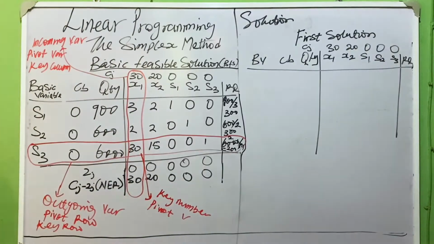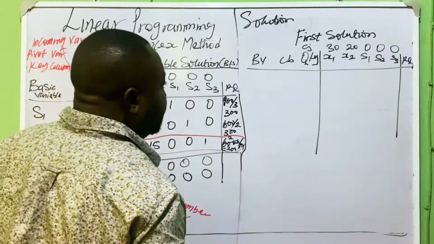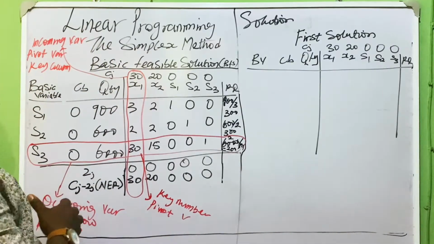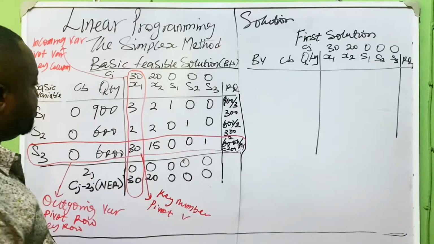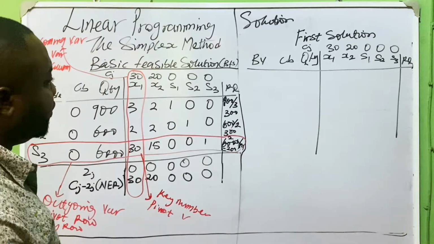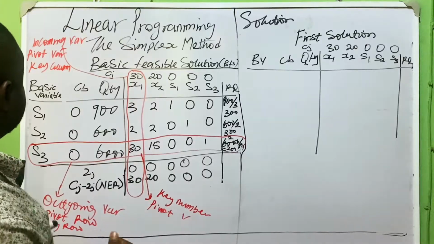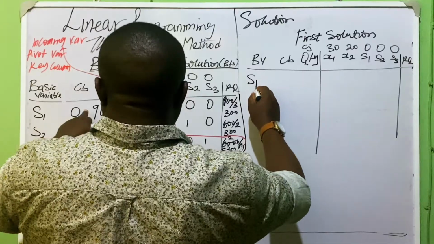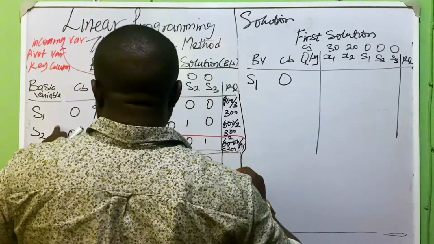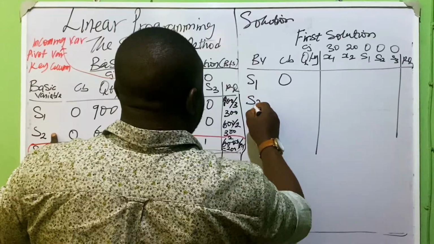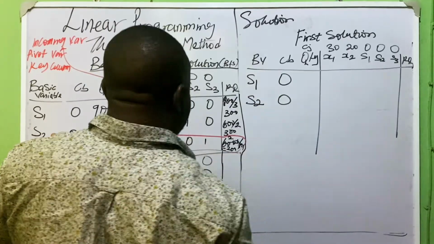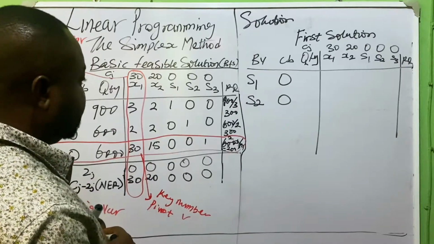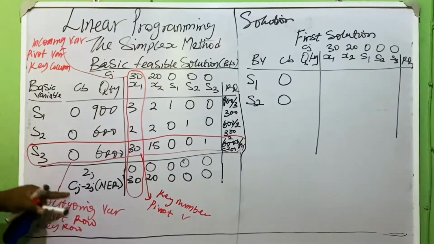So the first thing we do in improving our solution, moving from BFS 2 to the first solution, would be to determine the transform. We have decided that S1 should be retained and the contribution is 0. S2 should also be retained with a contribution of 0. Then S3 should leave the basis, which is the outgoing variable.